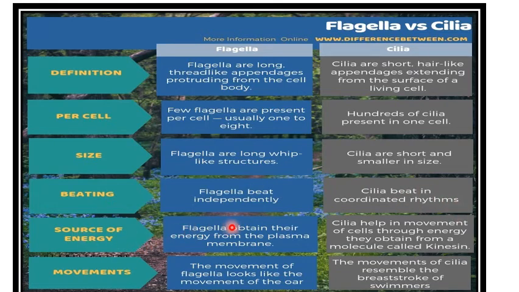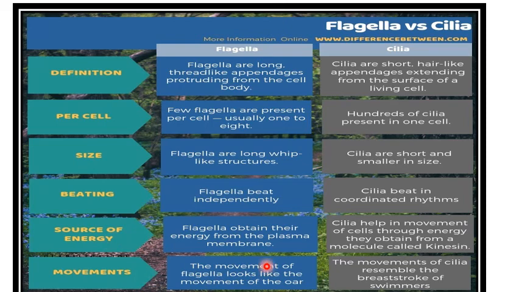Source of energy: flagella obtain their energy from the plasma membrane, and cilia help in the movement of cells through energy they obtain from a molecule called kinesin. Kinesin helps in the movement of the cell through cilia.